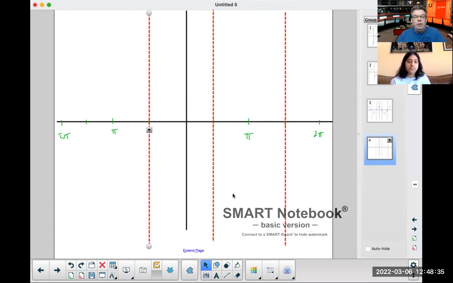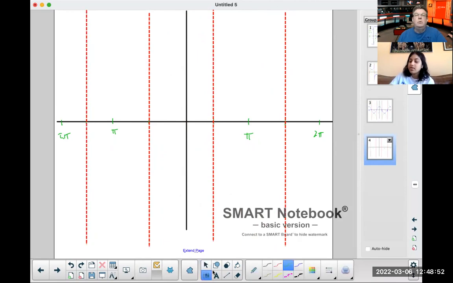Now I want you to tell me where tangent is equal to 1 and where tangent is equal to negative 1, okay? So tangent is equal to 1 at 45 degrees, so pi over 4, and then 5 pi over 4. Oh, look how terrible this is. I've got to move this.